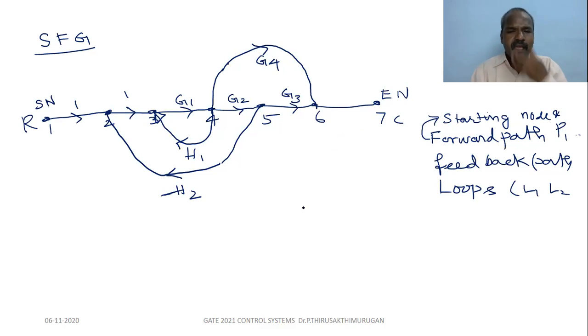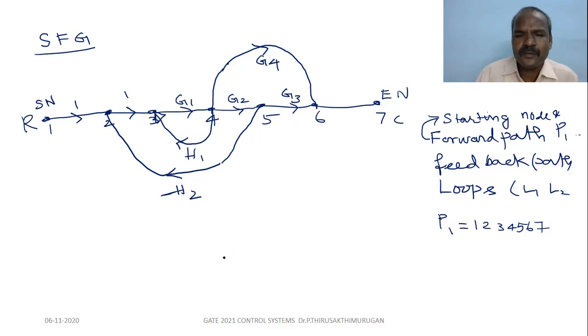So let us see how many forward paths are in this signal flow graph. Start from here. You move in only one direction; you should not return, right? So you see here, 1, 2, 3, 4, 5, 6, 7. So one forward path P1 equals 1, 2, 3, 4, 5, 6, 7. Good. Is there any other forward path available here?